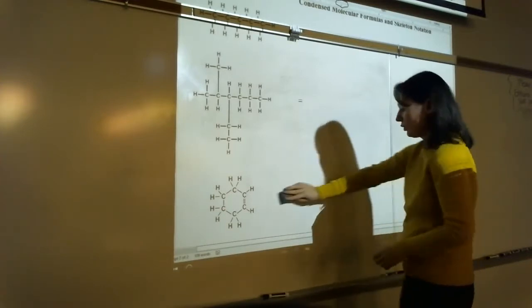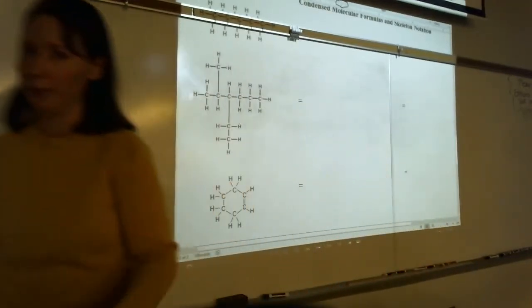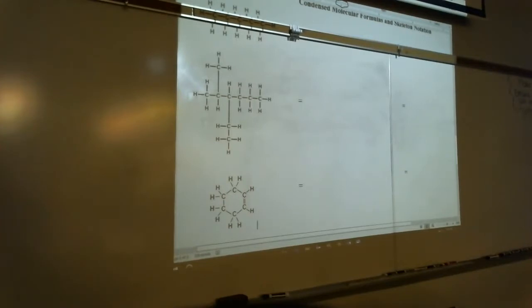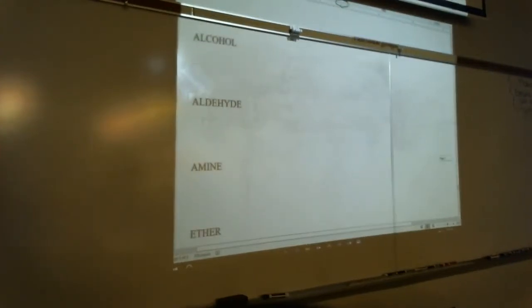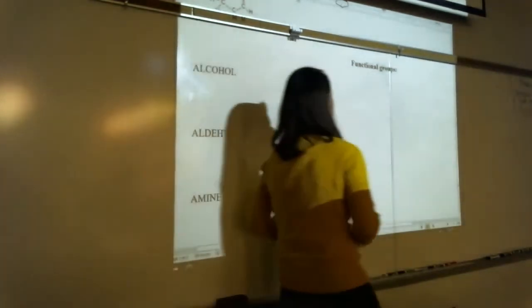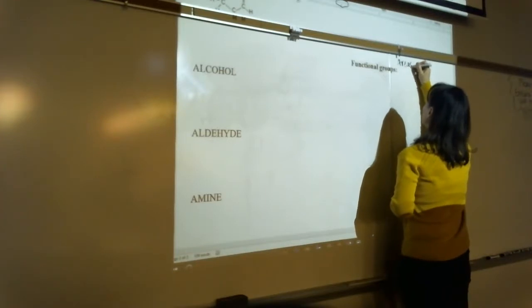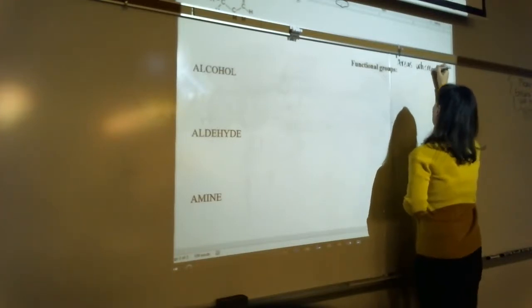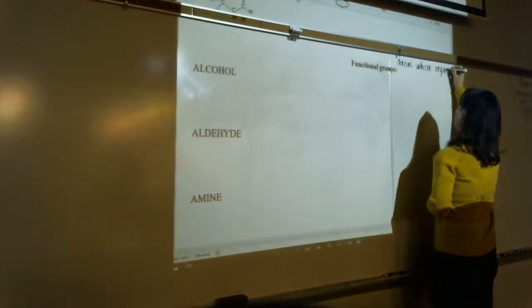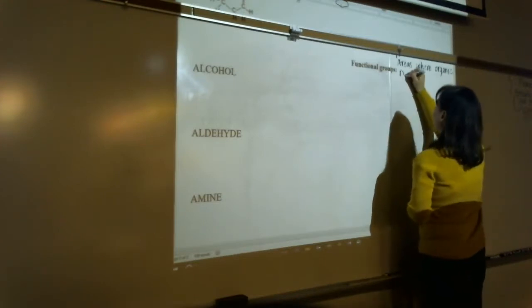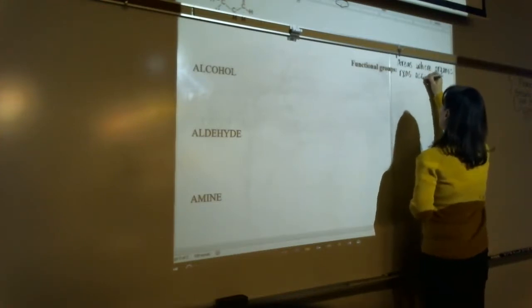Now the functional groups you're going to have to memorize. I recommend making flashcards. Name on one side, formula or shape on the other side. So functional groups are just areas where organic reactions occur.